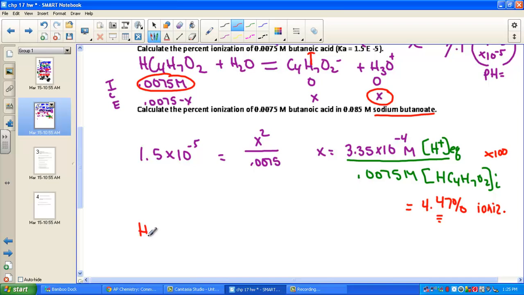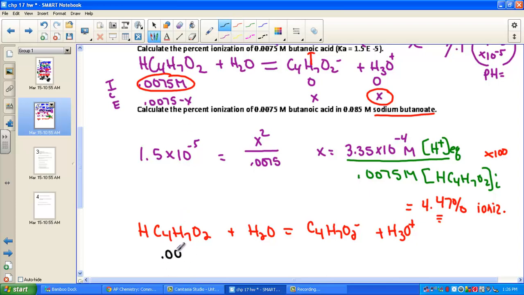Let me put that back up. We have HC4H7O2 in equilibrium with its conjugate base and the conjugate acid of water. Initially, we still have 0.0075 molar and no ions due to the equilibrium.